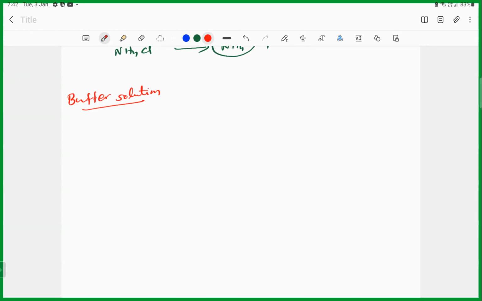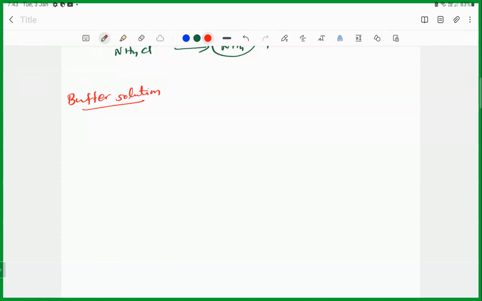Neutral, sir. Neutral? Now, we are doing a reaction, and we want to maintain the pH the same. So we have to add something to maintain the pH. For that, they add a solution, and that solution is called a buffer solution. Okay?